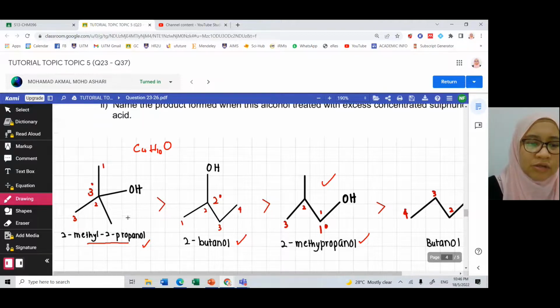So the answer would be tertiary alcohol, and then this is secondary. How do you identify the one that easily undergoes dehydration? We identify the classification of alcohol. OH.